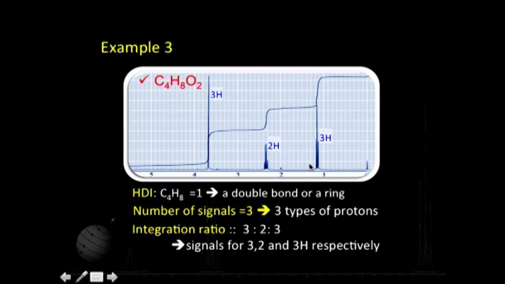And if we look at the integration ratio worked out and shown on the spectrum itself, there are 3 signals and they correspond to 3, 2 and 3 protons respectively, and 3 plus 2 is 5 plus 3 is 8, and that is what we have in the molecular formula. So, this integration ratio agrees with the number of protons in the molecular formula.